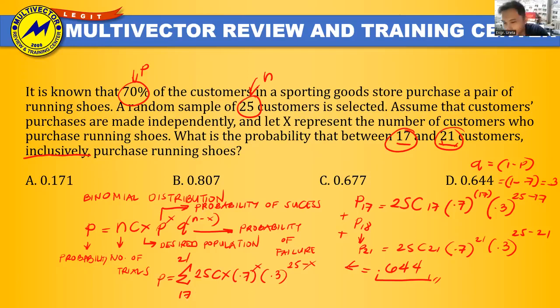Ang gagawin lang naman, i-substitute niya lang yung mga value. 17, then until ma-reach niya yung 21, nag-i-step lang siya ng isa. Kaya pagka kinalculator niya, ang lalabas pa rin dyan letter D pa rin, so 0.644.